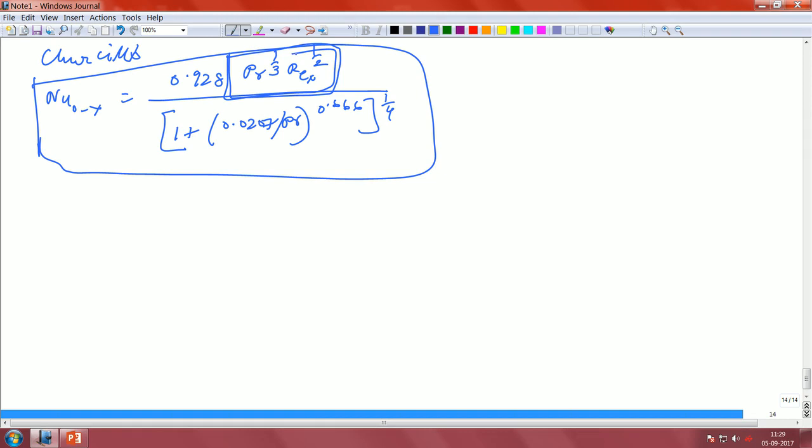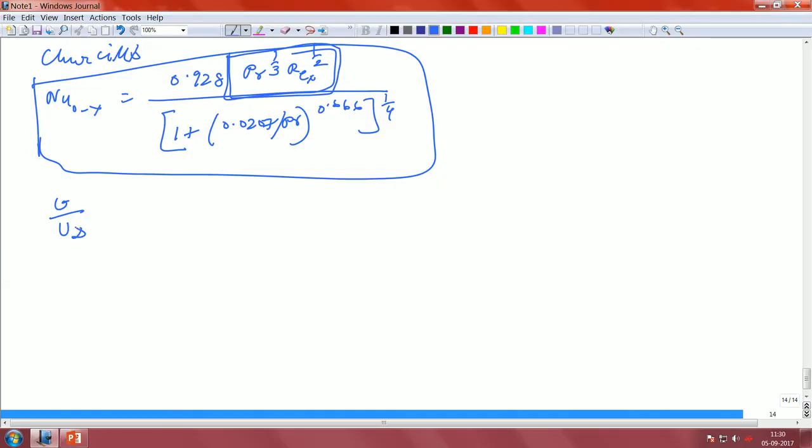Okay. So, before we wrap up this similarity transformation, let us have a small discussion, which we said that we will do. See, the nature of this v, that means the vertical velocity, or the y component of the velocity. So, v by u infinity scales as Reynolds number to the power of minus half, right. As eta goes to infinity, you can see that this becomes equal to this, right.